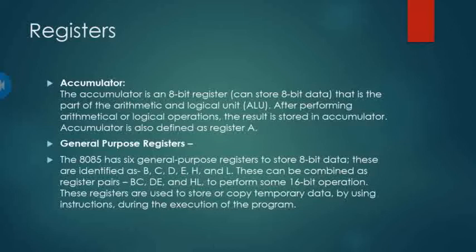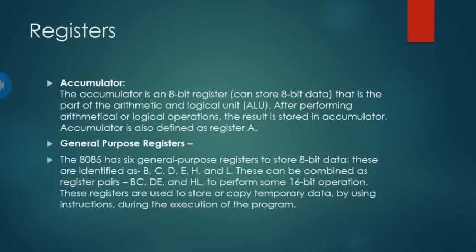Students, at the start of the session, I explained registers, where I also explained general purpose registers of any microprocessor. That was a different thing: general purpose registers or general registers of every microprocessor. But here we are studying specifically the registers of 8085.